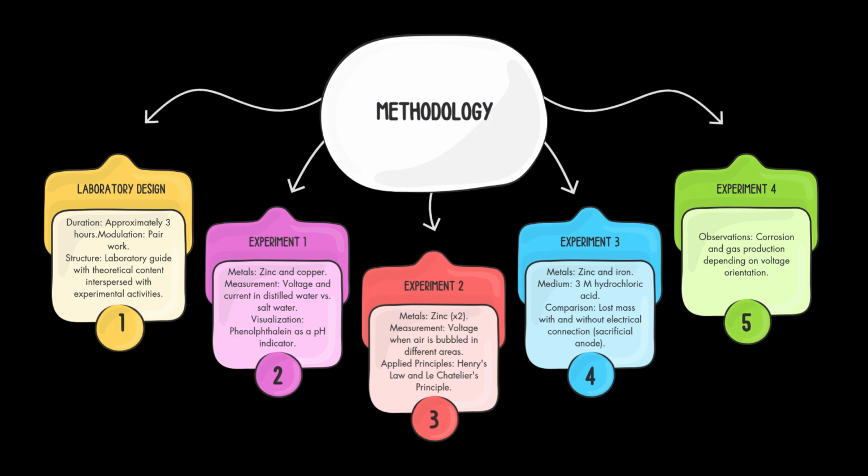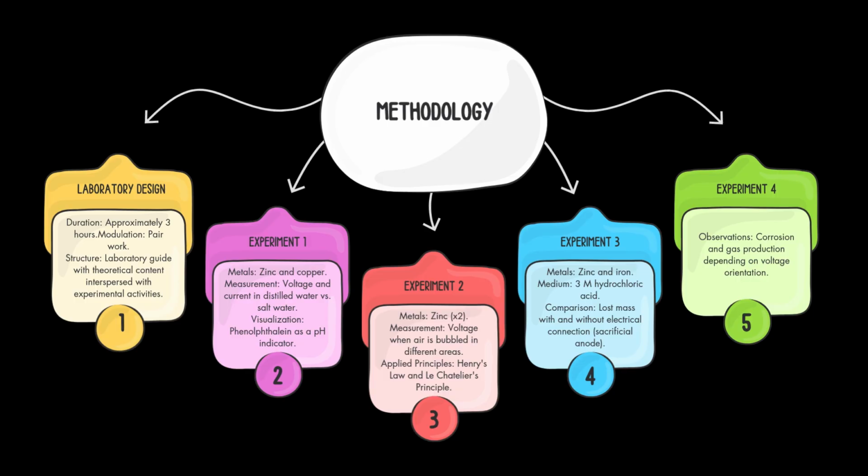The methodology is divided into 4 experimental modules, each focusing on a specific aspect of corrosion. First, students explore uniform corrosion. Here, copper and zinc metals are connected in salted water and distilled water.